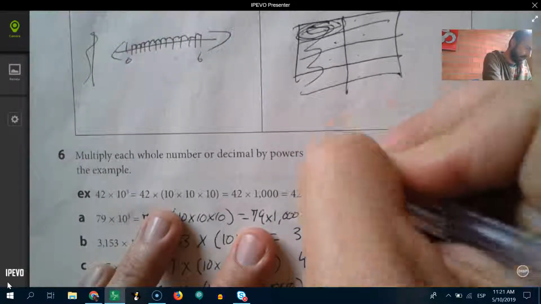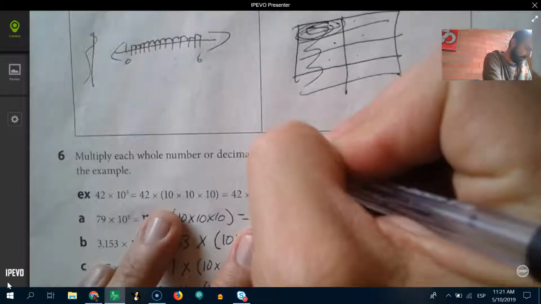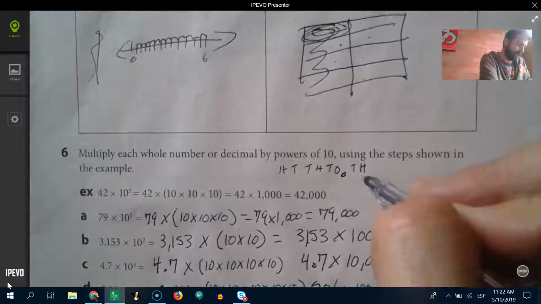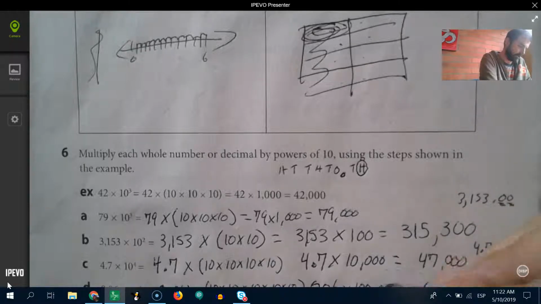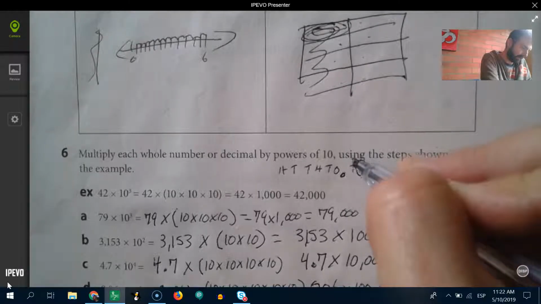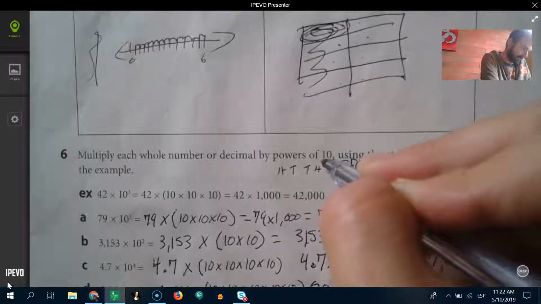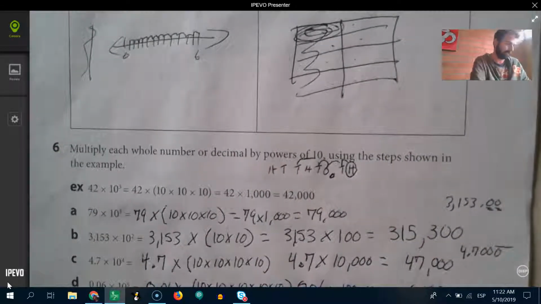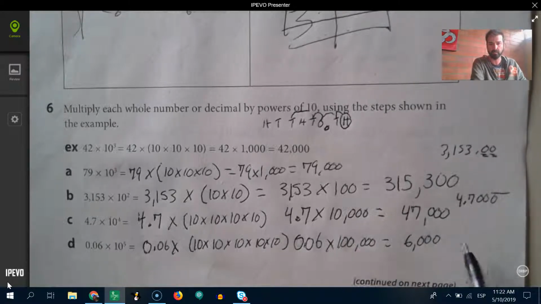I have ones, tens, hundreds, 1,000, 10,000, 100,000. Alright, so I'm at the hundredths here, and I'm multiplying by 100,000, so that's 10, 100, 1,000, 10,000, 100,000. So I would be in the thousands. Okay, that was right. But I do like to make sure. So 6,000. Again, those zeros, where were they? They were to the right of the 6, and they came with them. Fine.